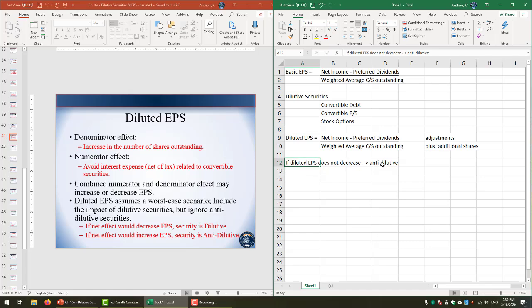If a security is anti-dilutive, we are not going to report the effect of that security on EPS. If, however, diluted EPS decreases relative to basic EPS as a result of the dilutive security, then it is dilutive, and we'll include it.